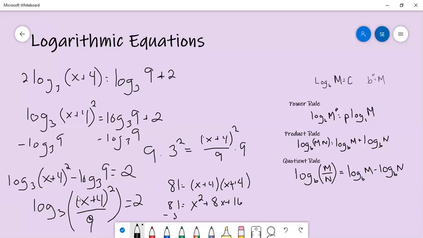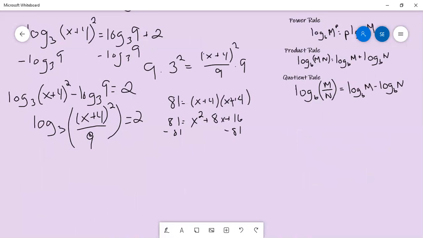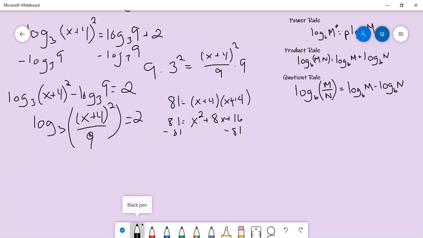So 81 is equal to x squared plus 4x plus 4x, which is 8x, plus 16. And then we subtract 81. This is all algebra manipulation after we invoked our definition. Now we can say 0 is equal to x squared plus 8x, and 16 minus 81 is negative 65.